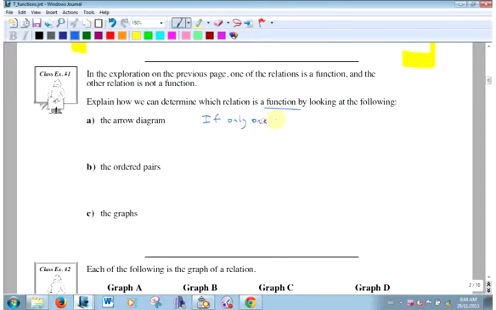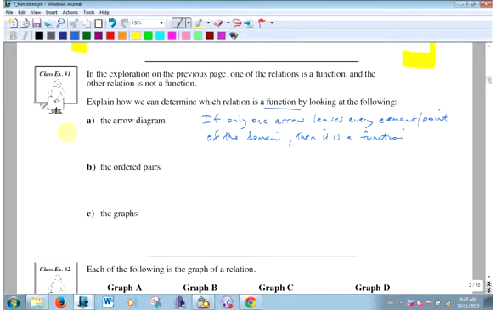If only one arrow leaves every element or point of the domain, then it is a function.